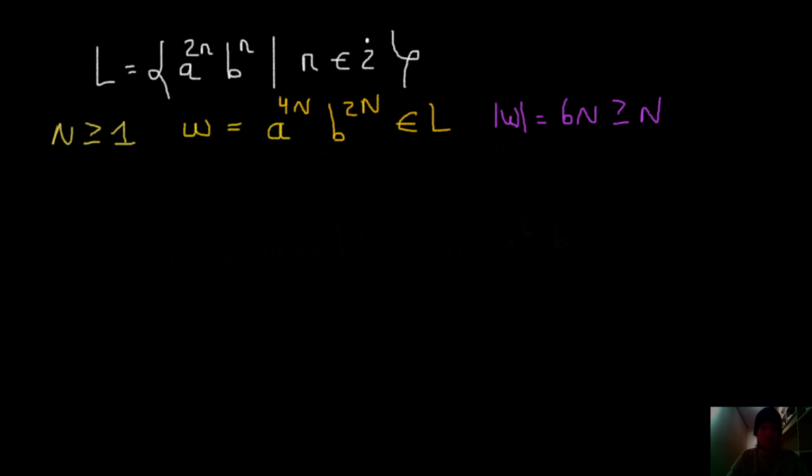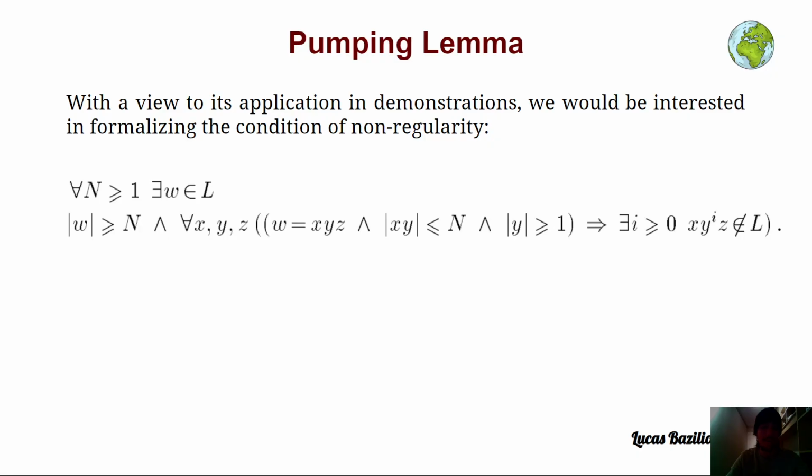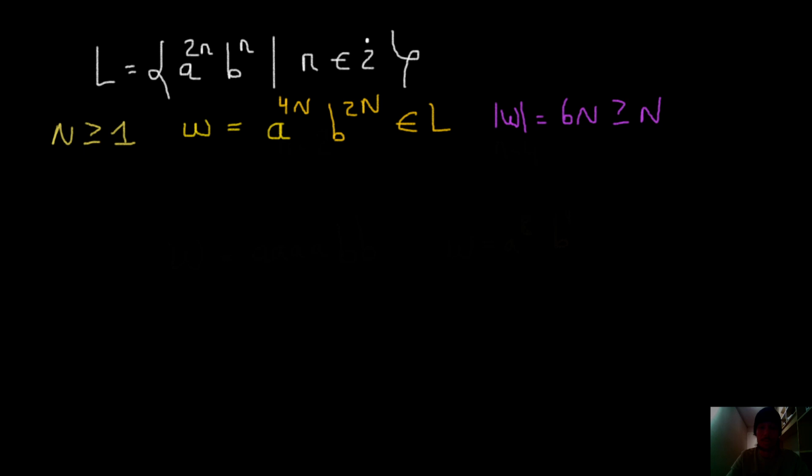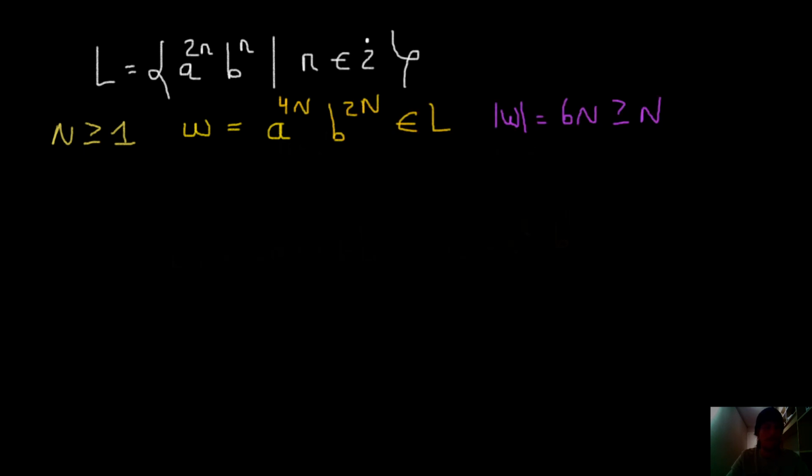So here, for any given factorization of x, y, and z of this subword, let's take, for instance, the value x to be a raised to j, and the value y to be a raised to k. We are representing this word w as the concatenation of x, y, z.